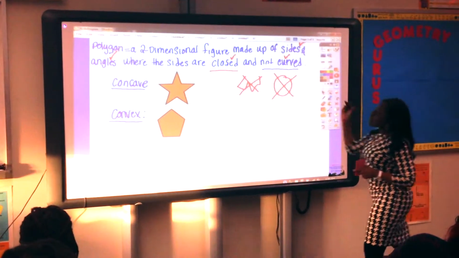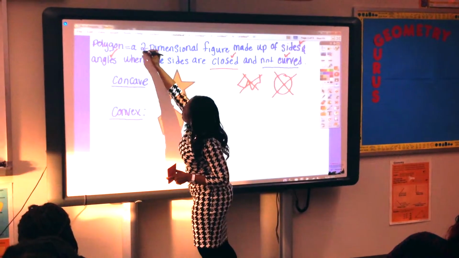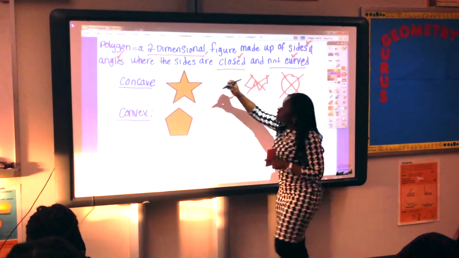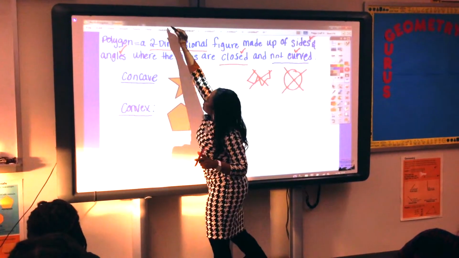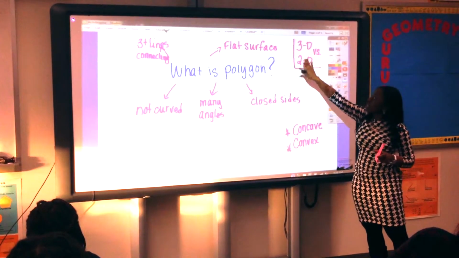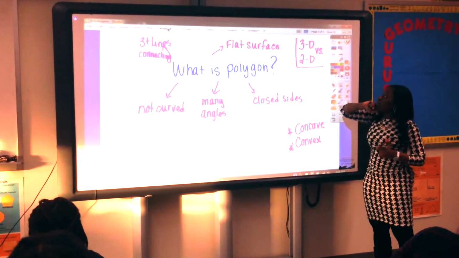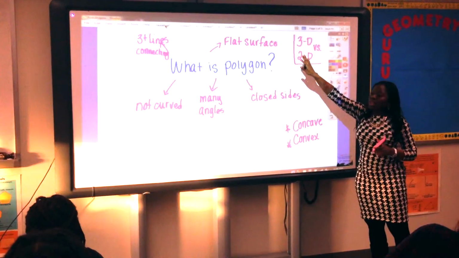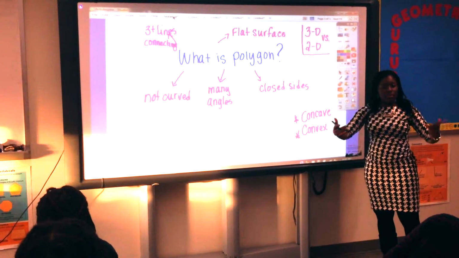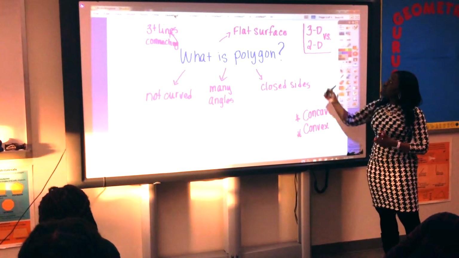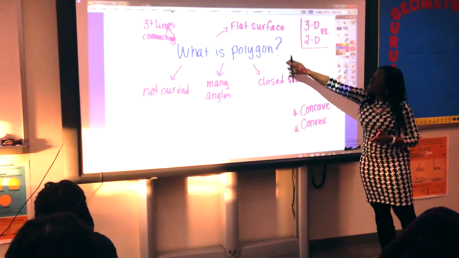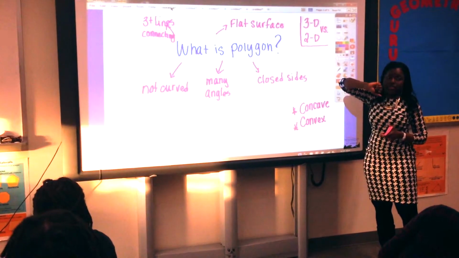All right? So let's revisit this two-dimensional figure piece. In the last slide, we talked about 3D versus 2D. A three-dimensional shape is something that you can fill in, or you can wrap something around it. So when we talk about volume, we will identify polygons that help form three-dimensional shapes.